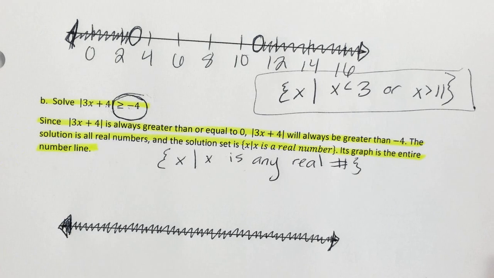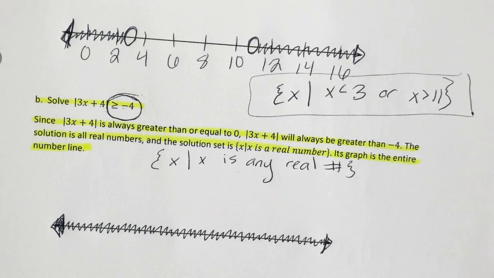So if you left the number line blank, I'm not going to take off. I will take off if you didn't write any real number as your answer, but if you left the number line blank, then it's fine. Just from now on, we'll know.